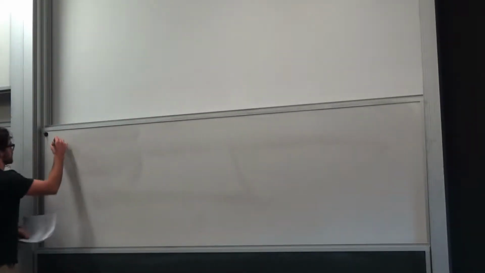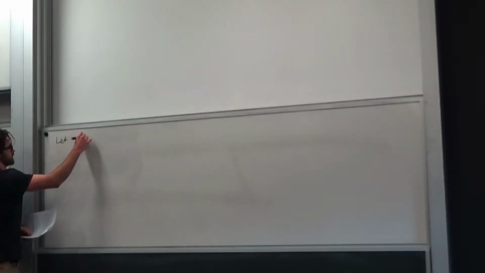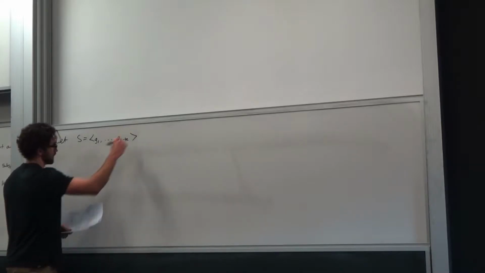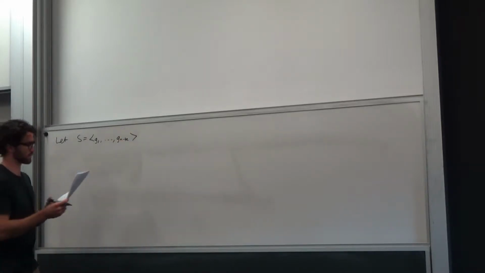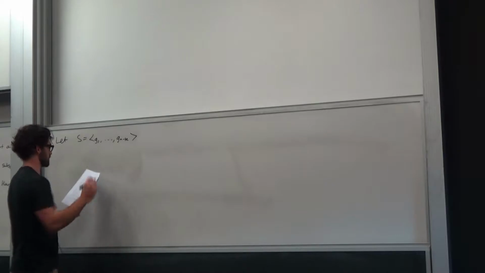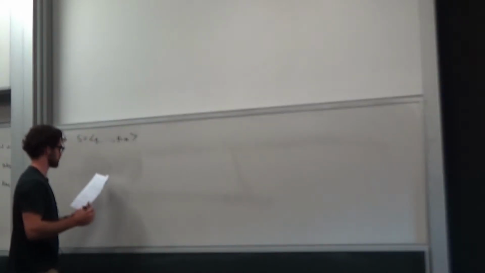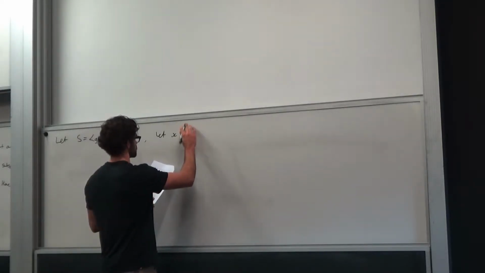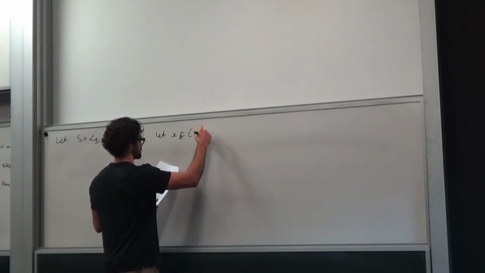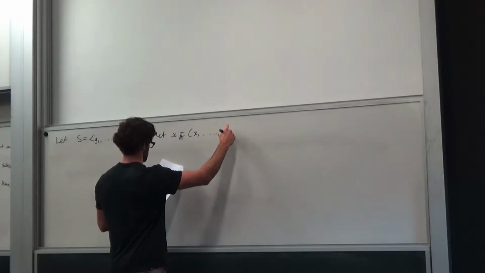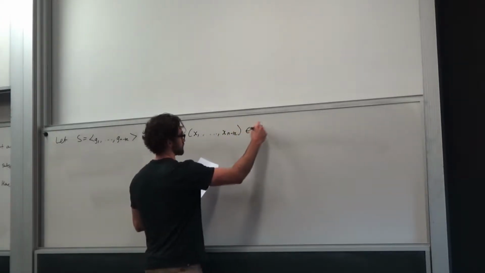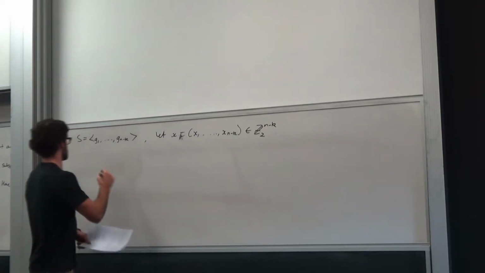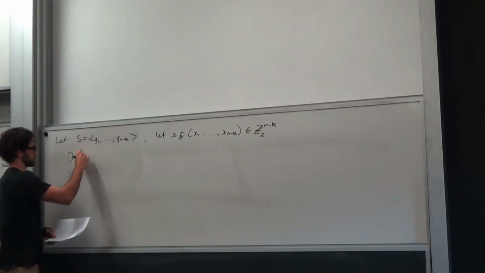All right, so let our stabilizer be this, with all those independent and commuting, and such that minus the identity is not in this group, and let x be a vector in here. And so we're going to define some projectors.